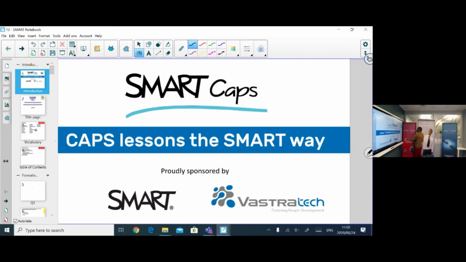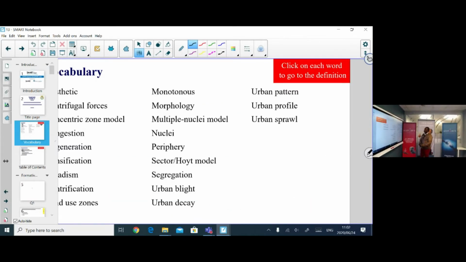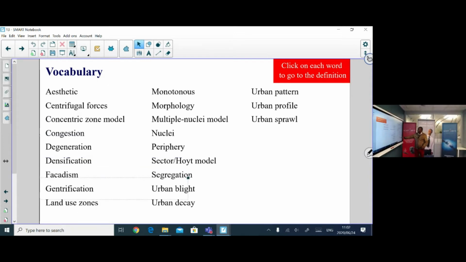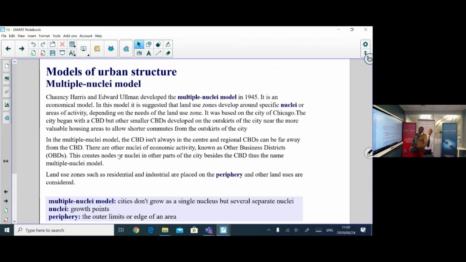Right, let's revisit our vocabulary so that we don't forget what we are dealing with here. Let's look at multiple nuclei. This is the definition that we have. It is a model that was developed in 1945 by two people called Chauncey Harris and Edward Ullman.